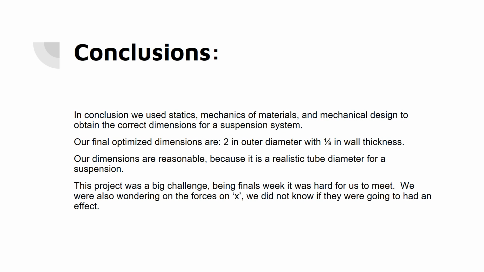Like I mentioned before, we initially started with a 1-inch outer diameter with a 1/8 inch wall thickness. After we solved for everything, we realized it was under our factor of safety, so we had to go up to 2-inch outer diameter with the same wall thickness, and it was still reasonable. A 2-inch diameter tube isn't overbearing, so we're happy to just stick with that.